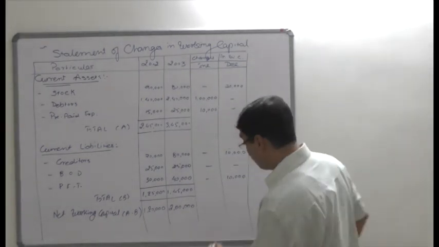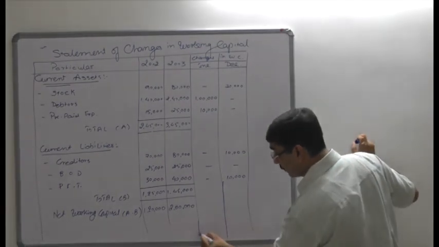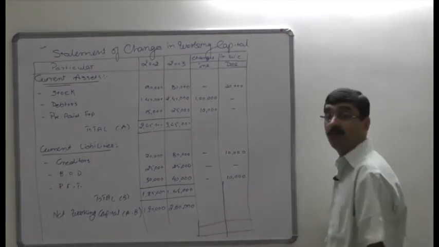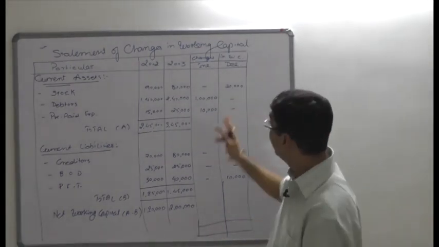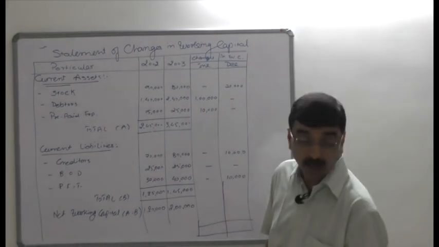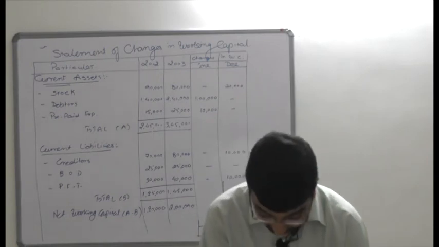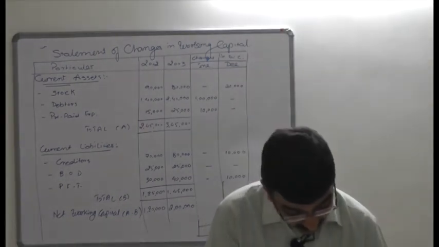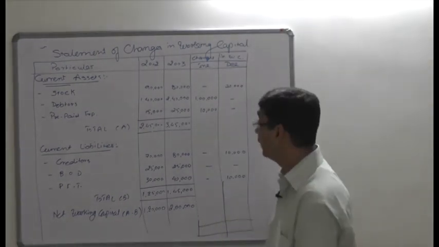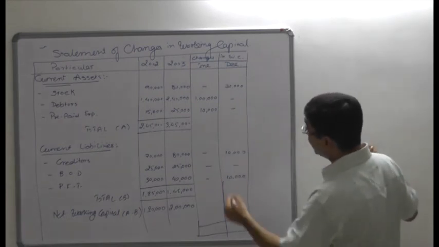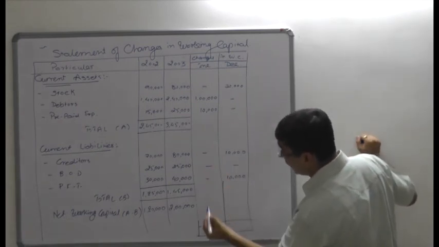Now from this comparison and the last two comparisons, we need to identify whether we have an increase or a decrease in working capital. So ultimately this shows in which direction the working capital has changed. Now just make a total and see which side is higher.